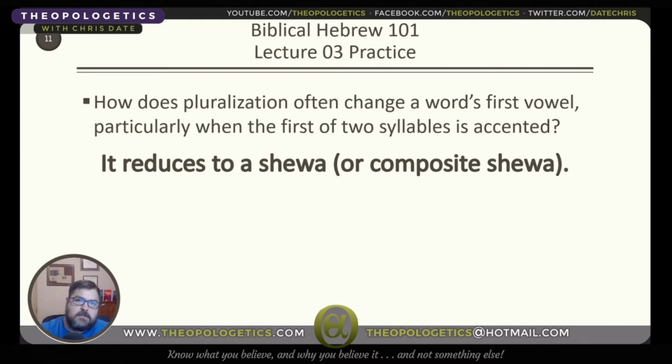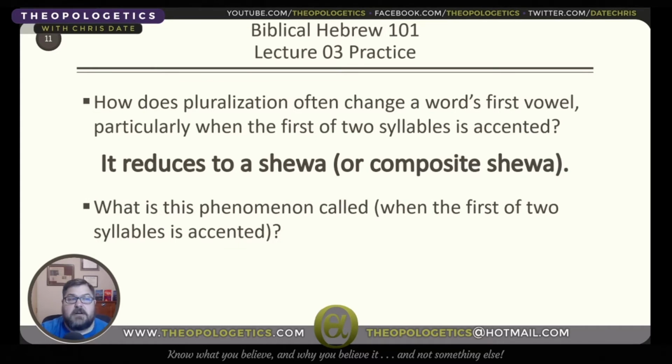And so when the word's first vowel reduces to a shva, but it's under a guttural or a reish, you'll need to make it a composite shva. And this is the example I gave earlier. Davar becomes devarim, right? So there's a shva under the daled there at the beginning. Devarim, not davarim, but devarim.